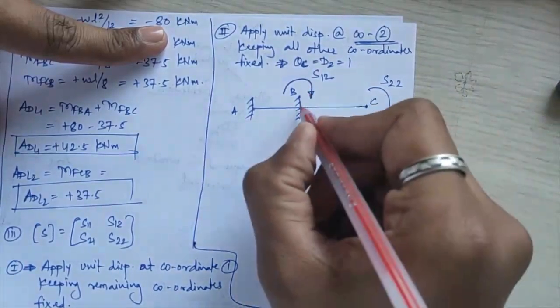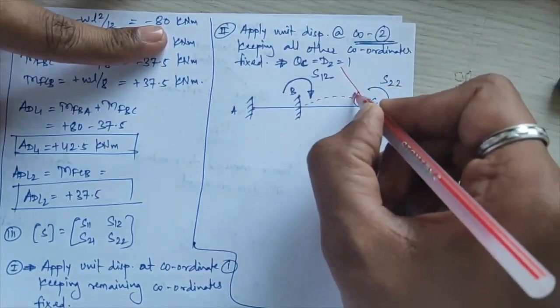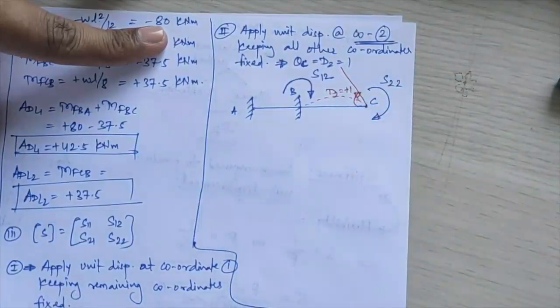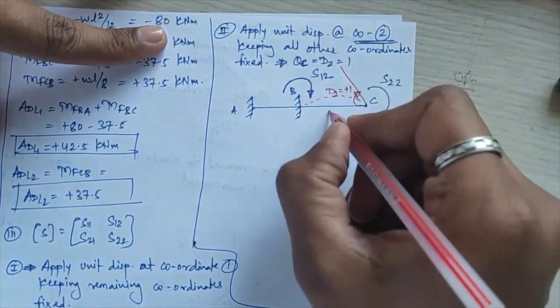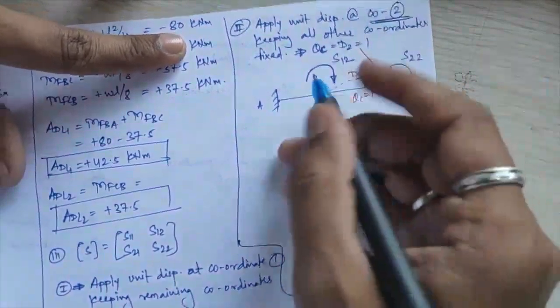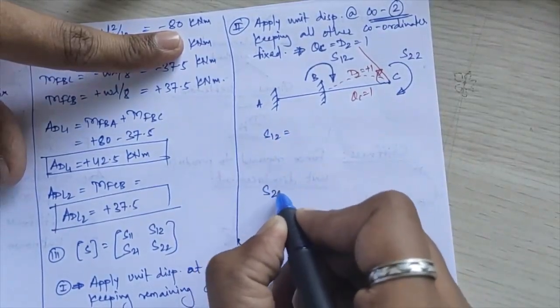So the deflection will be from the upward side, showing D2 equal to positive 1, or theta C equal to 1. Now I'll calculate S of 1 2 and S of 2 2.